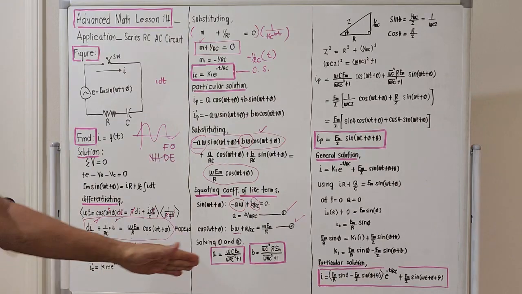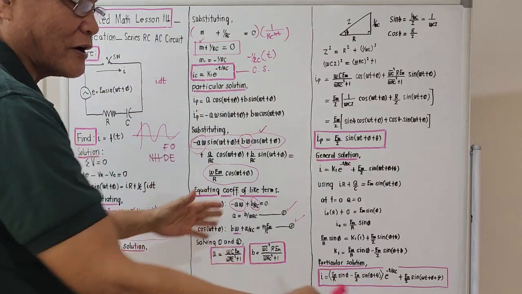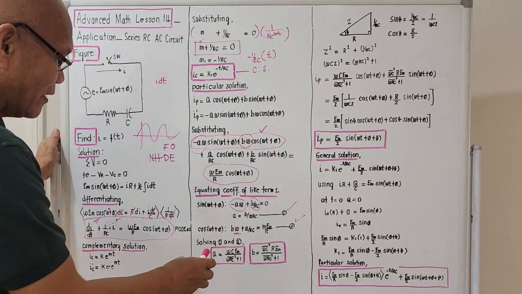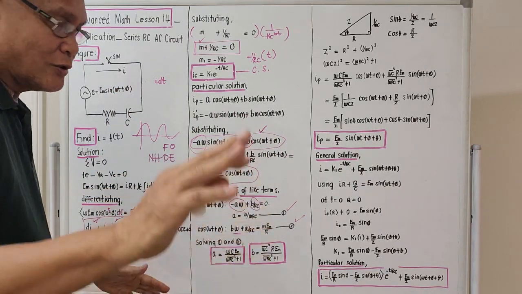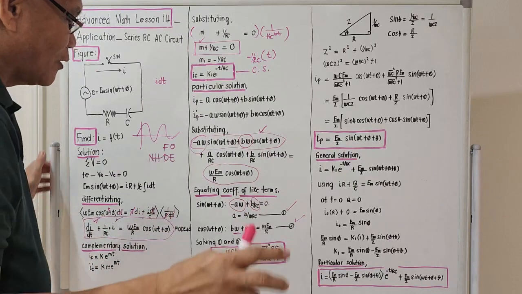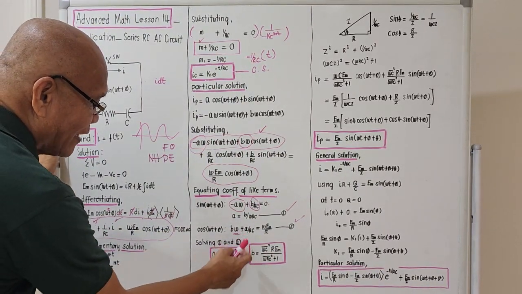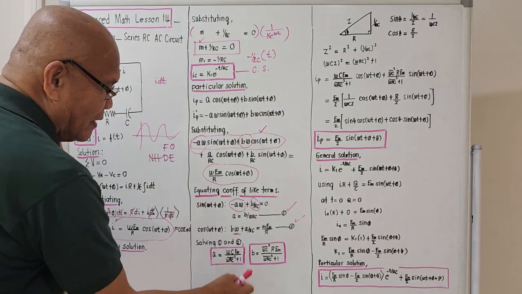To bring out the solution of this, it's a little bit long. Our blackboard is not enough. So I just placed here solving equation number 1 and number 2 simultaneously. You could do your part, okay? If we try to compute for the value of A and B, A now will be omega C E sub m all over omega RC quantity square plus 1.